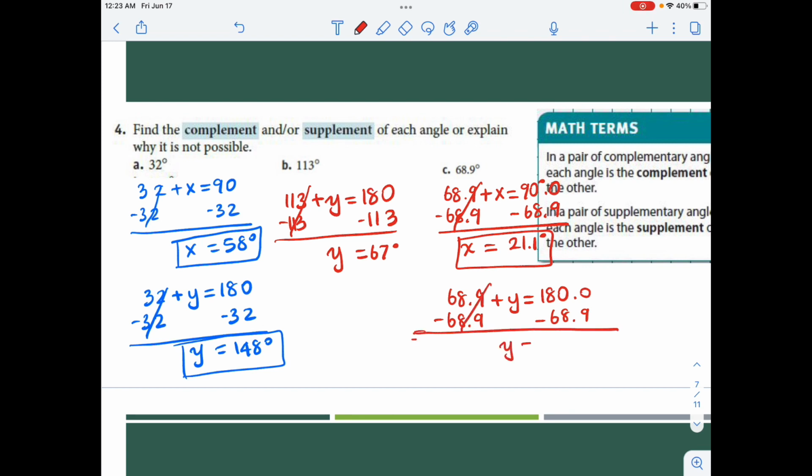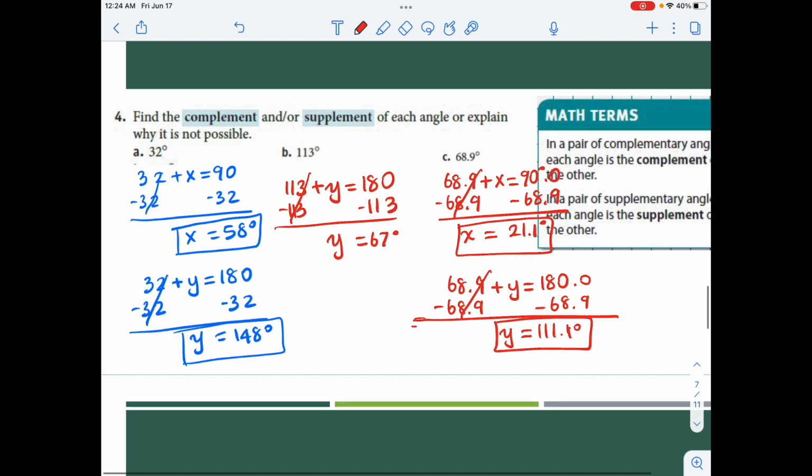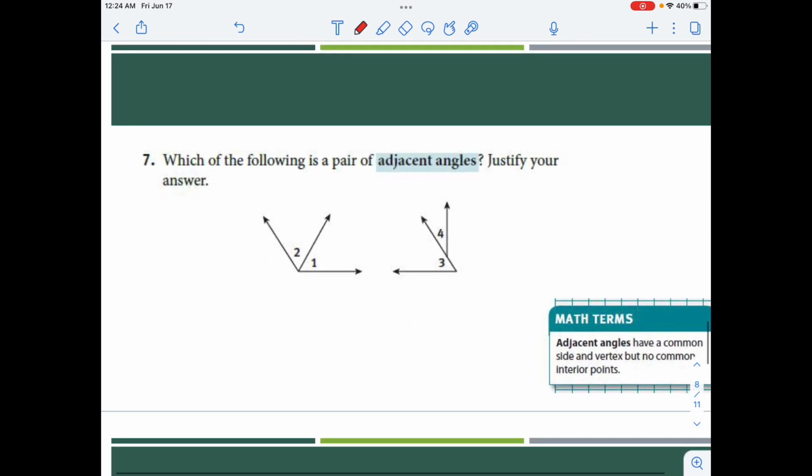And from here, y will be 111.1 degrees. So the supplement of 68.9 degrees is 111.1 degrees. Well done. Let's move on to the next question.